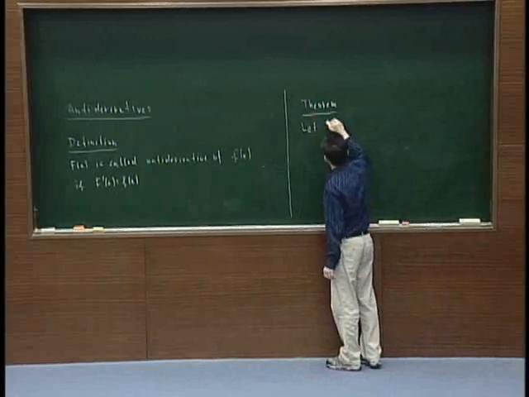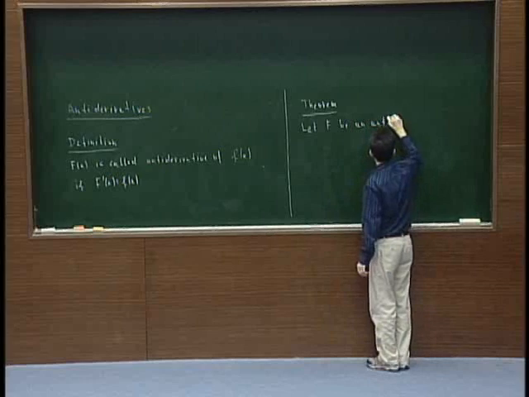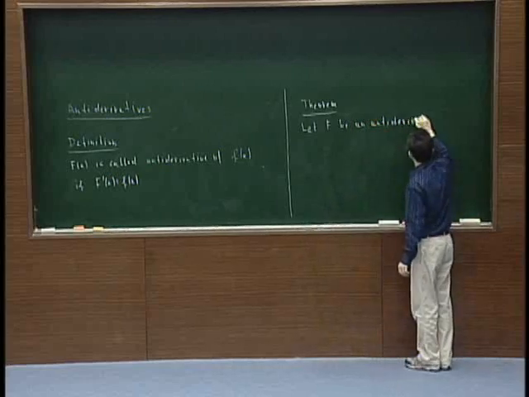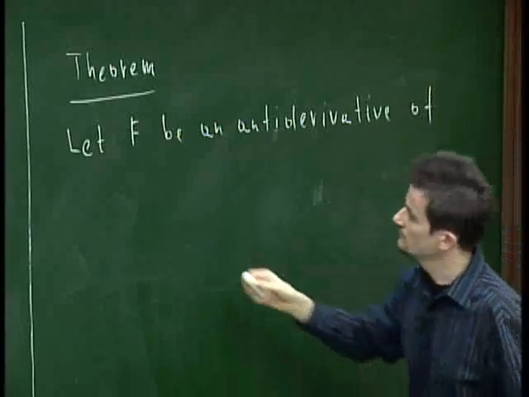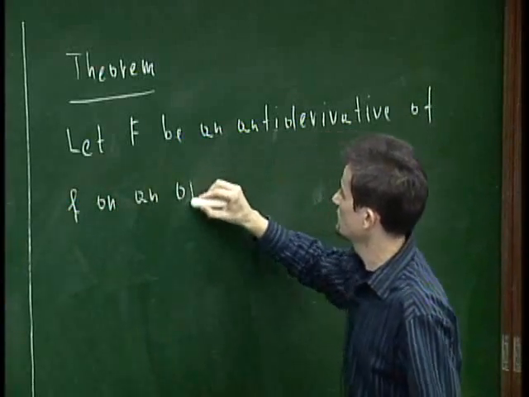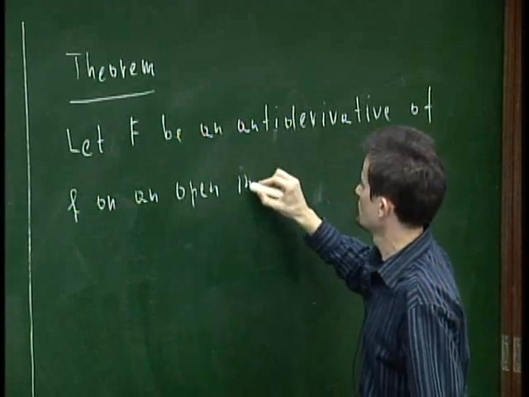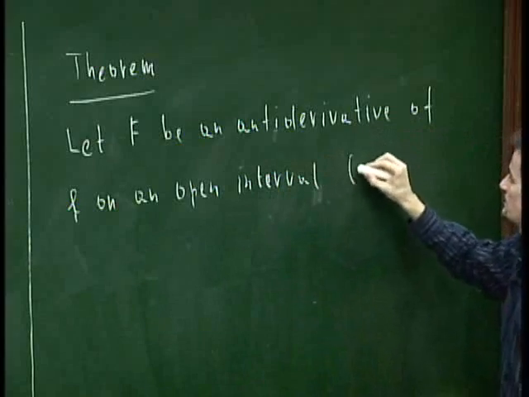So let F be an antiderivative of f on an open interval, let's say (a, b).